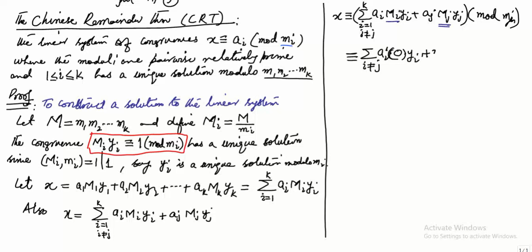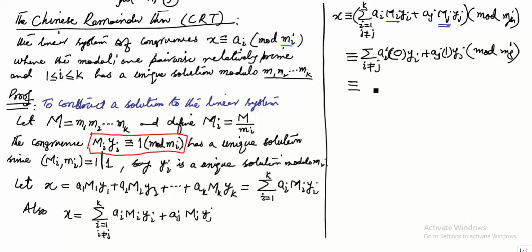Similarly for aj, there is no factor of small mj in capital mj, so the GCD of capital mj and small mj is 1. So here we will have 1 as the remainder. So yj times capital mj modulo mj will be 0.